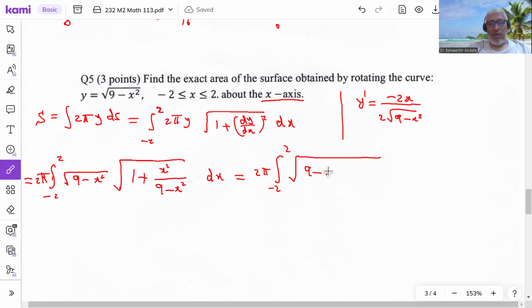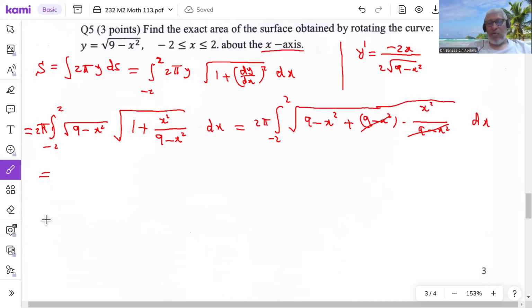This would be 9 minus x squared plus, now when I multiply 9 minus x squared times x squared over 9 minus x squared, then these two will be cancelled. And I'll have 9 minus x squared plus x squared. And then negative x squared will be cancelled with positive x squared.